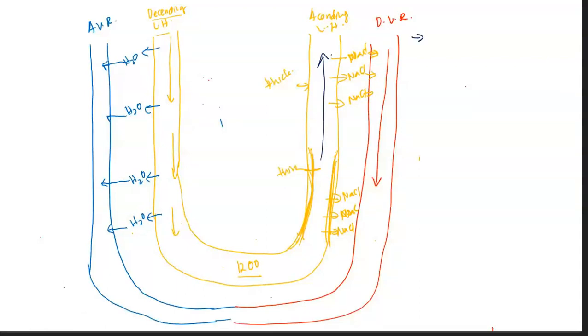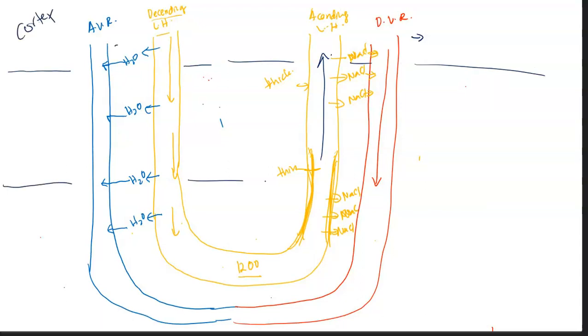the medulla, I have labelled the regions earlier, but let me label them again. Up here is the cortex. And then you have the outer medulla, and the inner medulla region. So I repeat, as the filtrate flows from the cortex into the medulla in the descending limb of loop of Henle, water leaves.